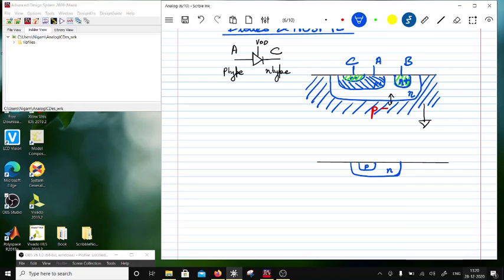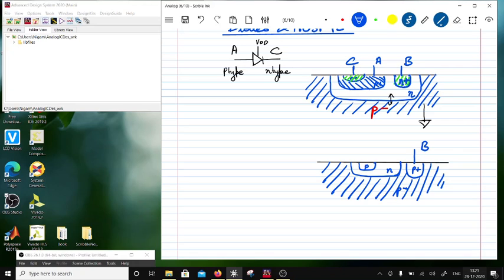So now there is going to be a P plus here, and this is all P minus. So let's just shade this out. This is all the bulk, right? So this body terminal is connected to the most negative, right? So in that case the diode would look like this.